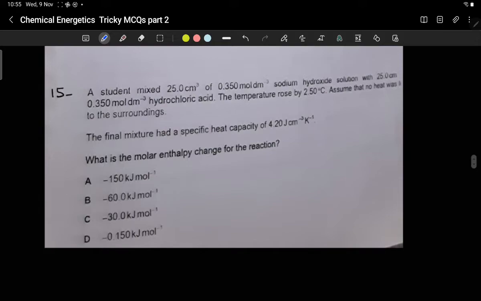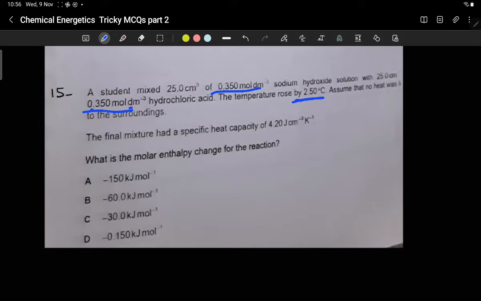Question number 15. A student mixed 25 cm cube of 0.35 sodium hydroxide with 25 cm cube of 0.350 mole dm inverse hydrochloric acid. The temperature rose by 2.50 degrees centigrade. Assume that heat is released to the surroundings.